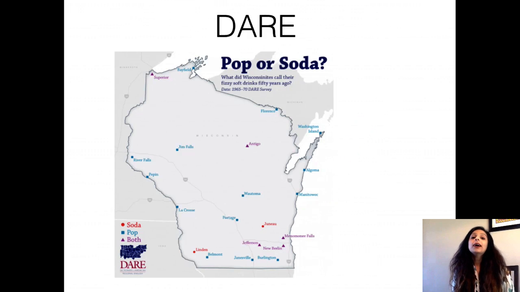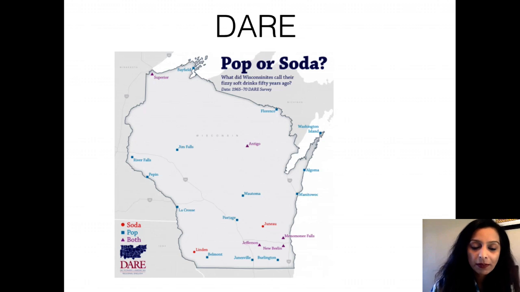Here are some maps from the DARE project, and this is a map of Wisconsin. This is from the 1965-1970 DARE survey, and the idea was to ask people whether they said pop or soda for their fizzy soft drinks. So 50 years ago, the majority of the cities in Wisconsin called their fizzy soft drinks pop.